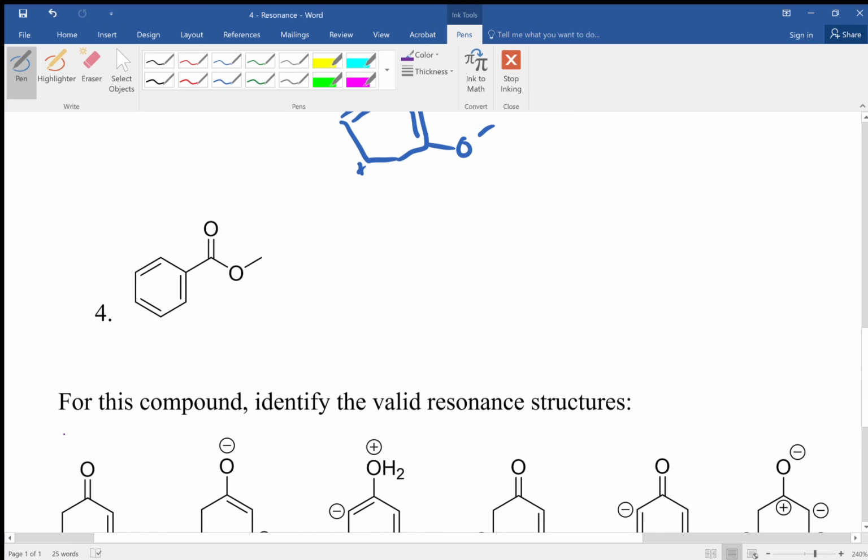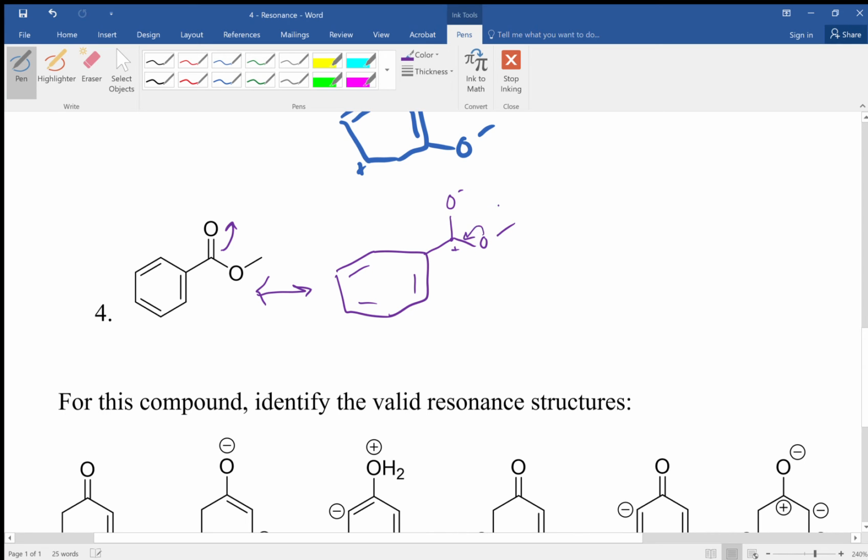Finally, number 4 of this group is very similar to the first one. We can shift the pi electrons up onto the carbonyl. And then we have 2 directions we can go.